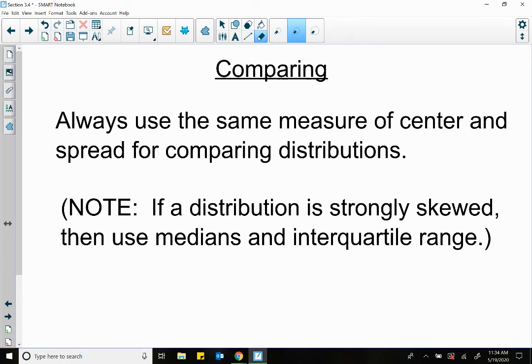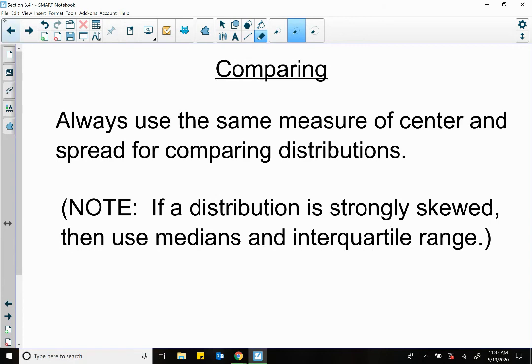So that means that if both data sets are symmetric, then go ahead and use the mean. If both data sets are skewed, go ahead and use the median. But when it comes to a symmetric and a skewed comparison, you need to use the medians, because the only way that we can truly talk about skewed data is with medians and interquartile ranges.